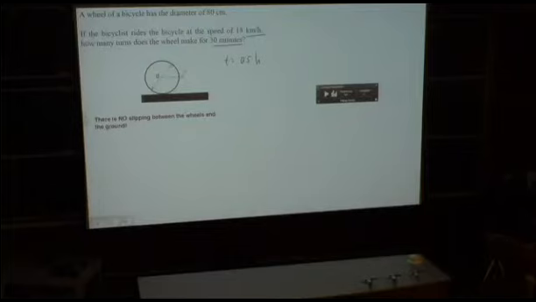Now, the diameter we probably should convert into meters, and the speed we also should use in meters, 18,000 meters over an hour. That's the last 10 seconds. You can see the slide. Use it.